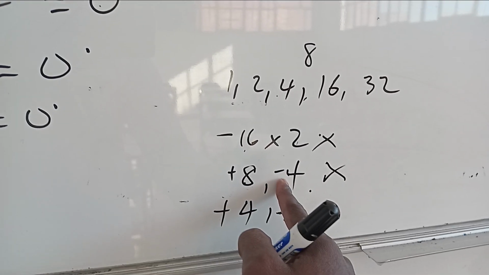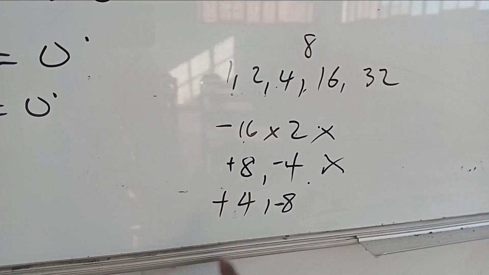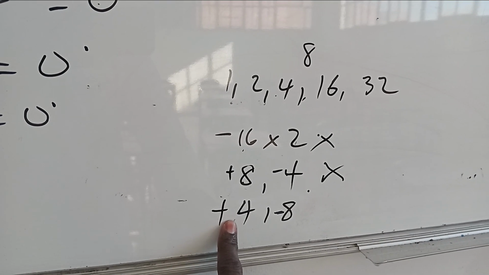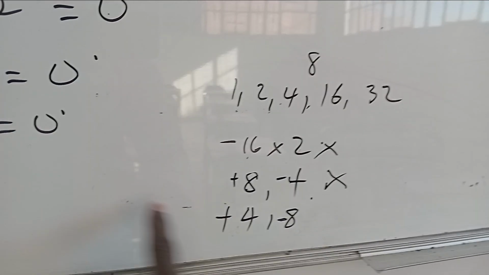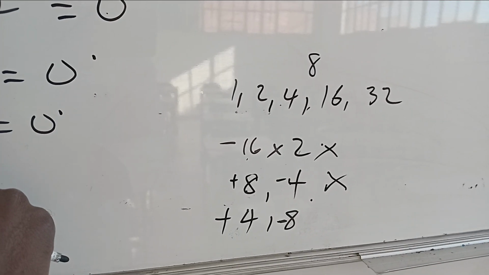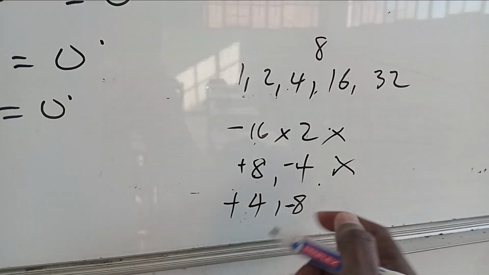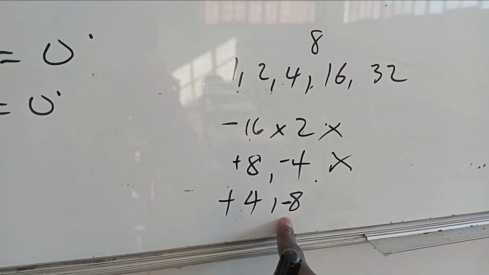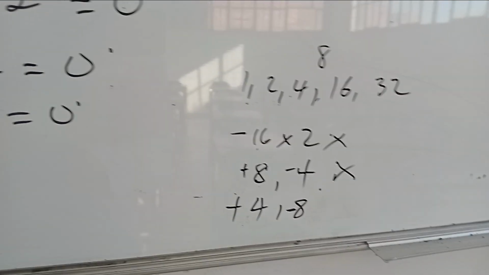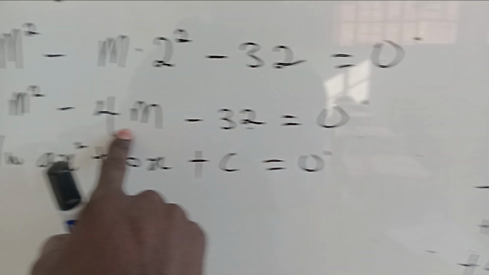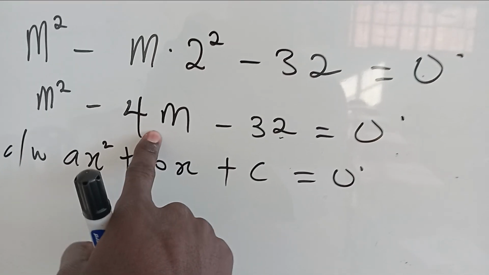If I say positive 4 multiplied by negative 8, I'm going to get negative 32. It makes sense. Then if I say positive 4 plus negative 8, it's going to give me negative 4.